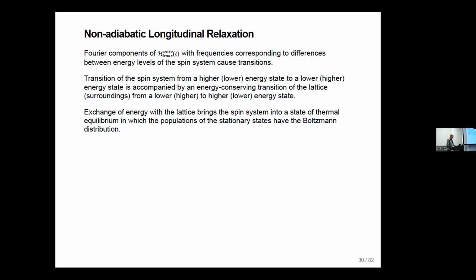Unfortunately, these fluctuations are, of course, stochastic as the molecules are tumbling. So a molecule in one part of your sample has an instantaneous transverse fluctuation that's different from a molecule in another part of your sample.